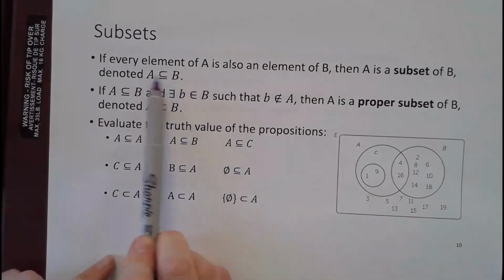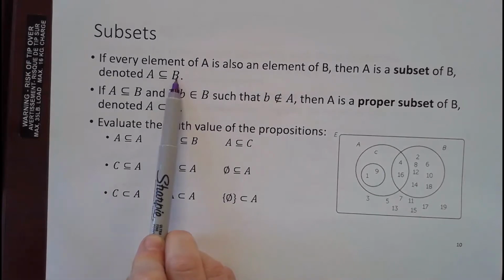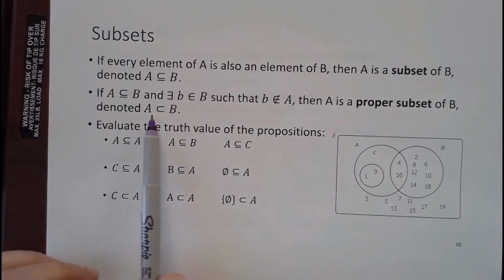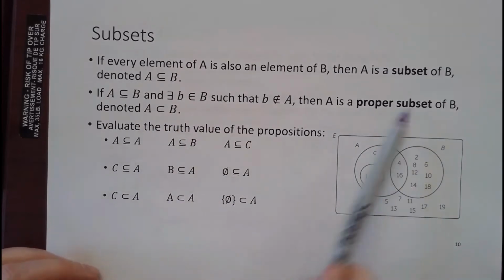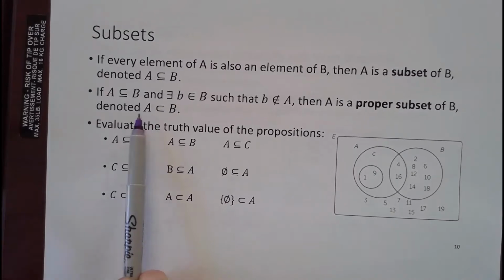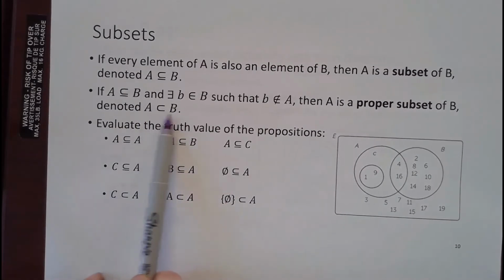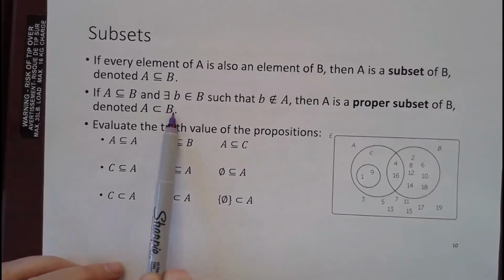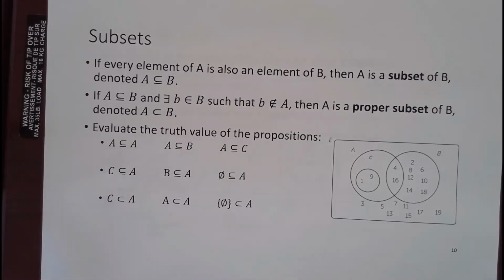So if these were the same sets, it would still be true. So every set is a subset of itself. However, no set is a proper subset of itself, because it's equal to itself, and this does not allow the possibility of equality. So there has to be more stuff in B than in A for A to be a proper subset.